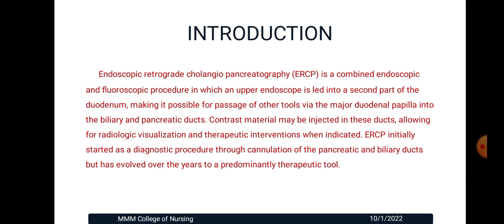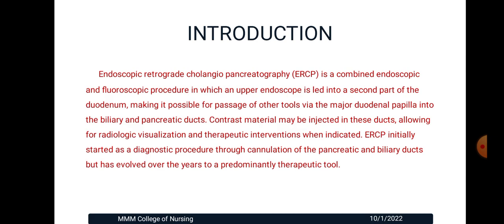Introduction. Endoscopic retrograde cholangiopancreatography. ERCP is a combined endoscopic and fluoroscopic procedure in which an upper endoscope is led into the second part of the duodenum, making it possible for passage of other tools via the major duodenal papilla into the biliary and pancreatic duct.